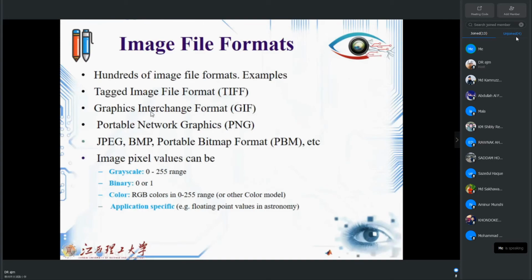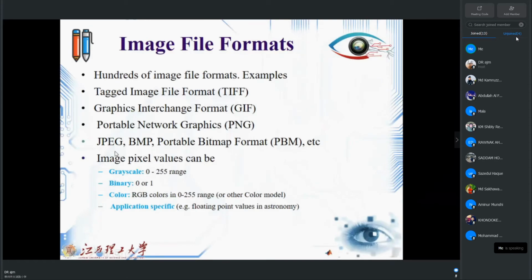One more thing regarding the image is the format of the image. In the next lecture, when we are going to work with MATLAB, we should keep in mind which type of file format we have. I'm not going to talk more, but there are hundreds of image file formats. The famous ones are TIFF, which is tag image file format, GIF, graphic interchange format, PNG, portable network graphics, and JPG.